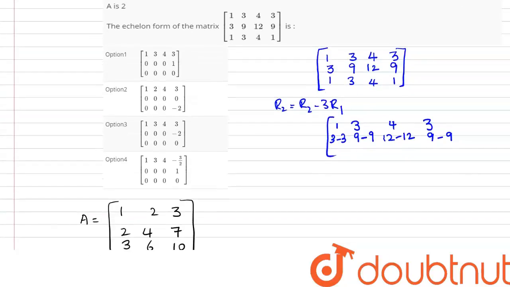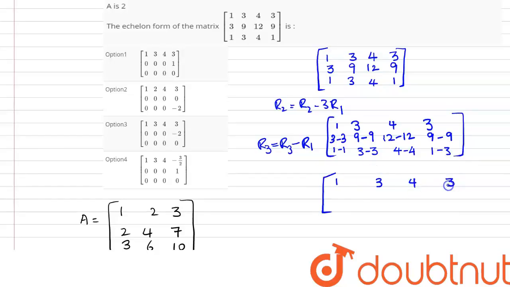And now let us do R3 equals R3 minus R1. That means R3 minus R1 is 1 minus 1, 3 minus 3, 4 minus 4 and 1 minus 3. That means here we get our matrix as 1, 3, 4, 3, 0, 0, 0, 0, and 0, 0, 0 and minus 2.